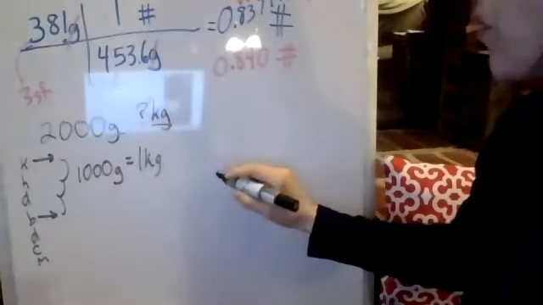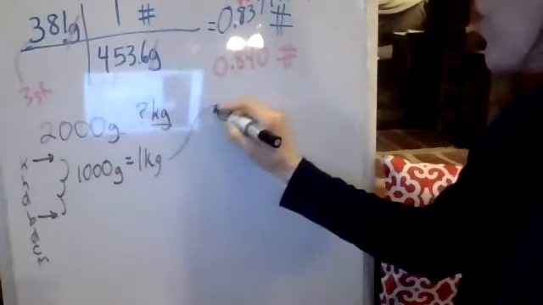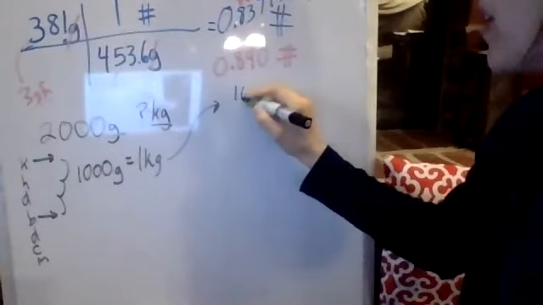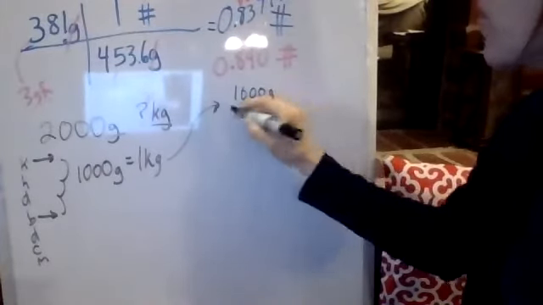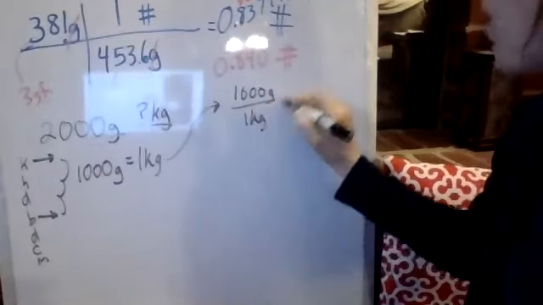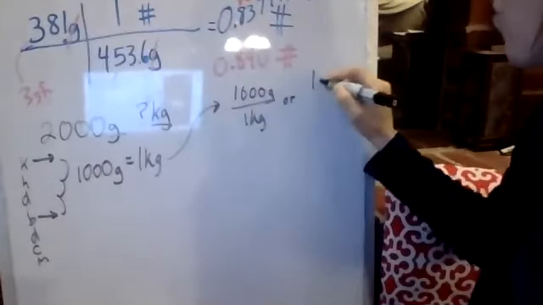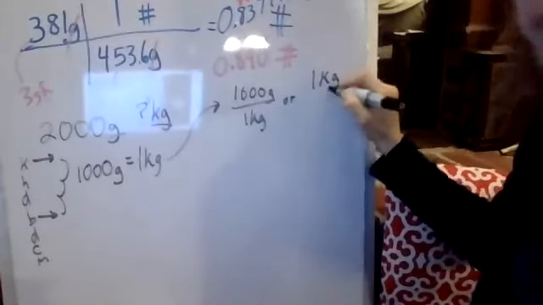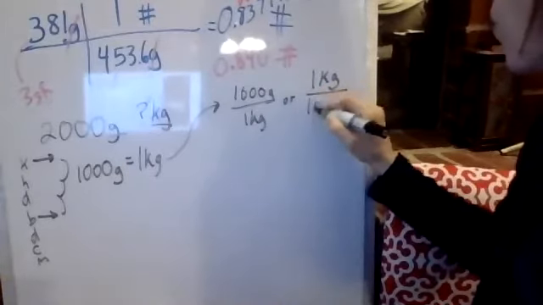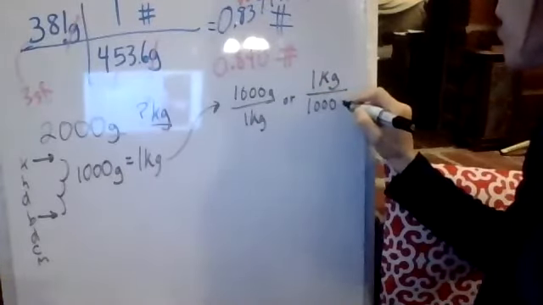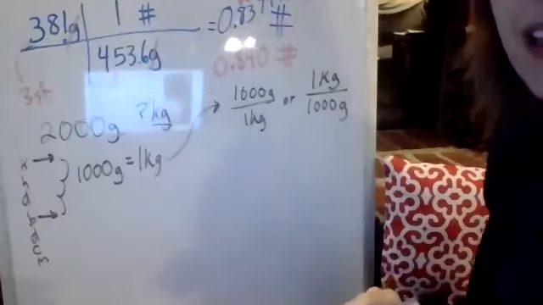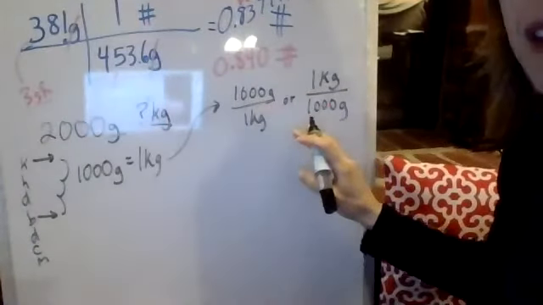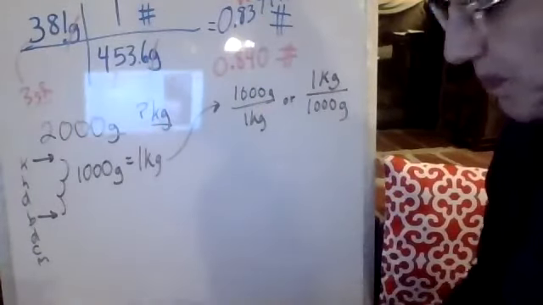That's what we're going to use as conversion factors. Remember, we can get 2 conversion factors out of that. We can have 1,000 grams in 1 kilogram, or we can have 1 kilogram in 1,000 grams. We're going to decide which one we need based on how we set up the problem.